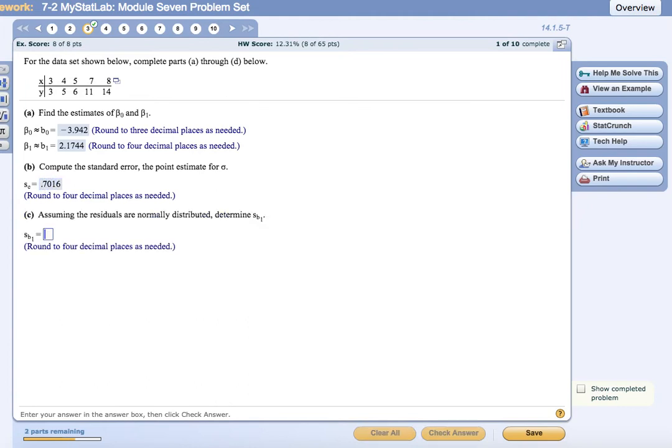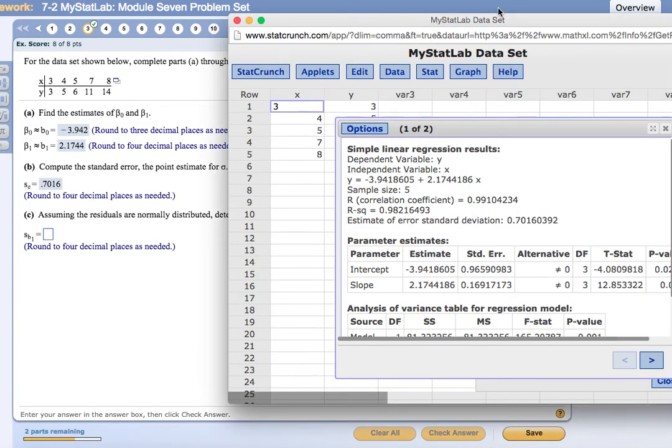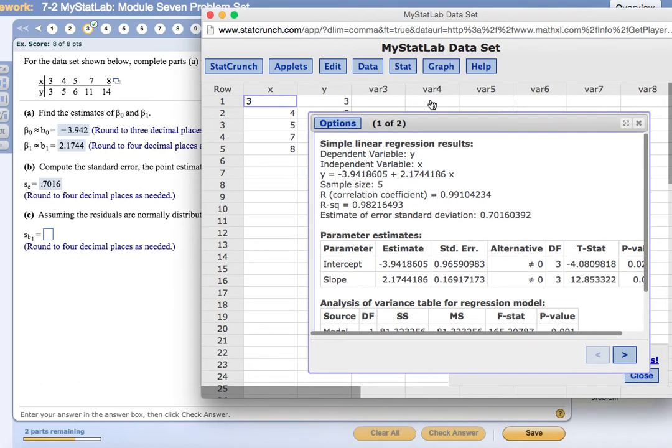Let's see if that looks good. And then here, assuming the residuals are normally distributed, determine the standard error of the slope. So here, that would be this number right here, the standard error, 0.1692.